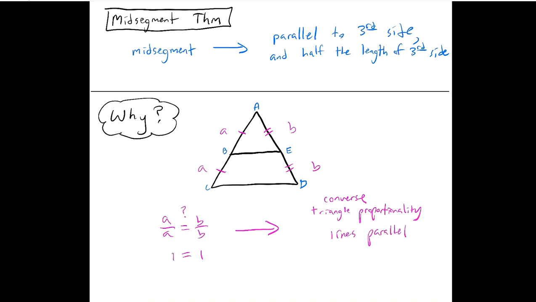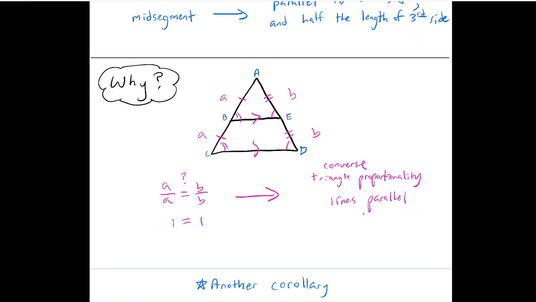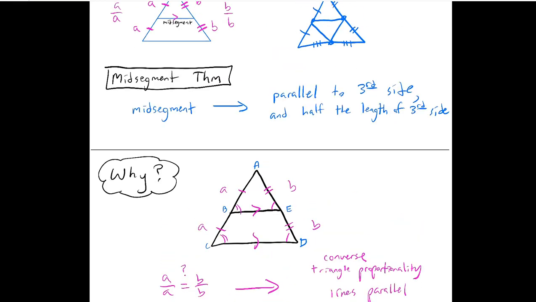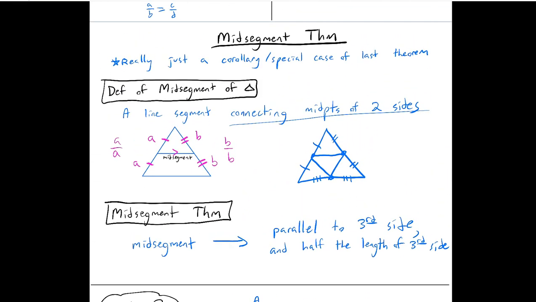And so if lines are parallel, what that means is we have all these angles that are the same, corresponding. So then we have triangles similar, right? And look at the ratio of the similar triangles. Here's the similar triangle, similar to this one. Here's A and 2A, B and 2B. So what's the ratio? It's a 1 to 2 ratio. There's no magic here. And so the mid-segment theorem says, if you connect the midpoints of the two sides, then that mid-segment is parallel to the third side, and it's half the length.